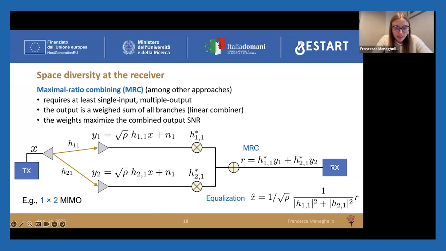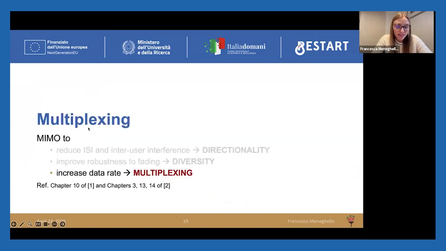And then we combine the 2 weighted signals. So we have a weighted sum. This allows us to improve the combined signal to noise ratio and to improve the decoding by doing the equalization to retrieve the original transmitted stream. So this is how diversity can be implemented in wireless systems.